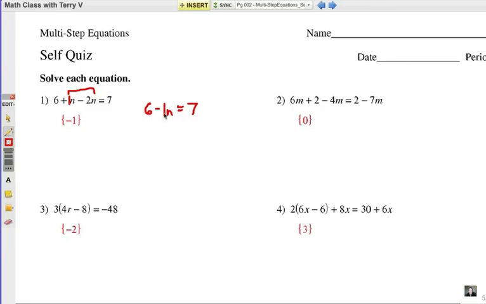It's not attached like that -1. So I'm going to subtract 6. Okay, get rid of that free number. And then I have -1n, or minus n, equals 1. And then divide each side by -1. It's a lot of negatives to deal with, of course. And then n would be a -1.